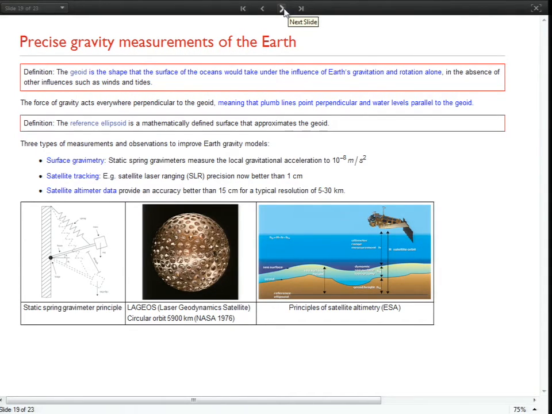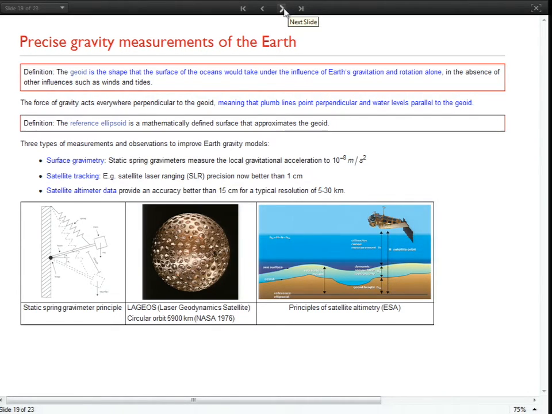So what one can do in practice, and has done over the last more than 200 years, is measure the surface gravity with so-called spring gravimeters. This figure shows you the principle of that, and they now have a really astonishing accuracy, 10 to the -8 meters per second squared. And since the spaceflight age, you can use satellite tracking, and the most precise one is satellite laser ranging.